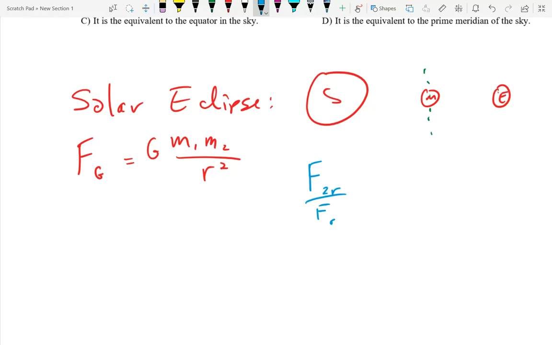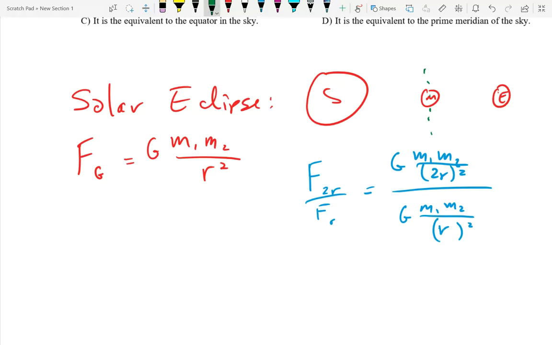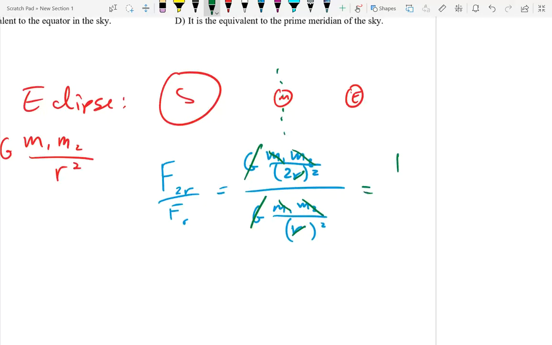I'm going to put in 2R for the top one and 1R for the bottom one. Now we can just cancel away. The G's cancel, the M1s cancel, the M2s cancel, and the R squareds cancel, and I'm left with 1/4 over 1 over 1, or 1/4.